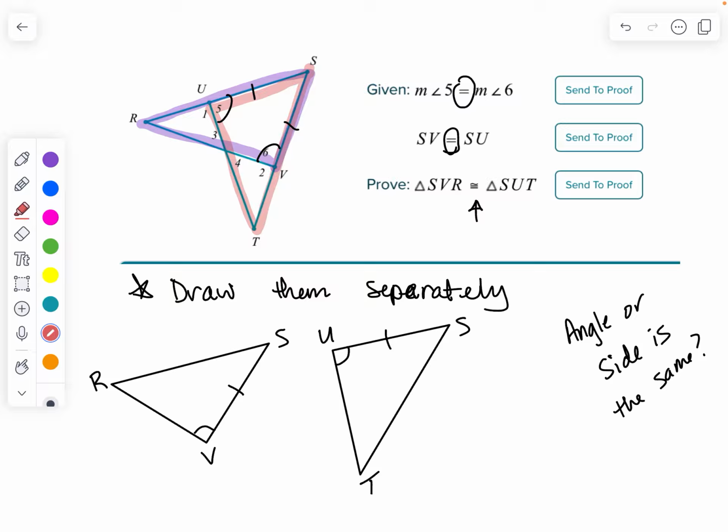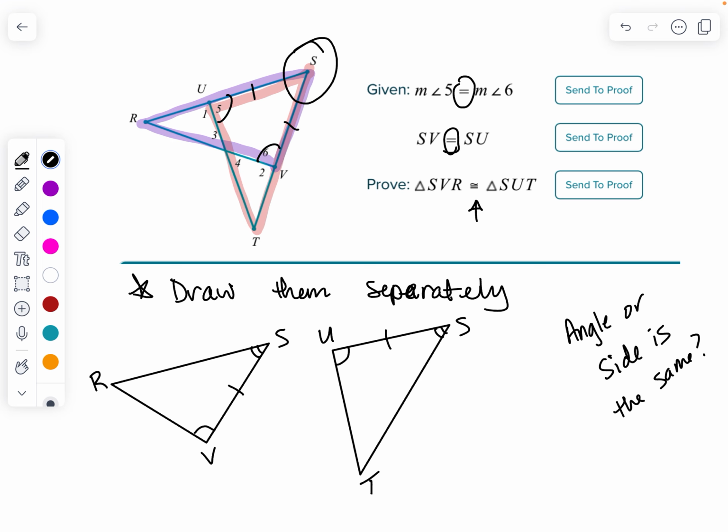None of my sides were exactly the same length at exactly the same time. Where were my angles exactly the same? Well, that is right here. Angle S. They had exactly the same angle right up there. There we go.